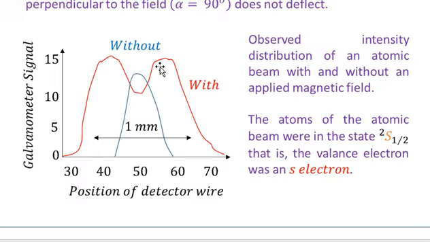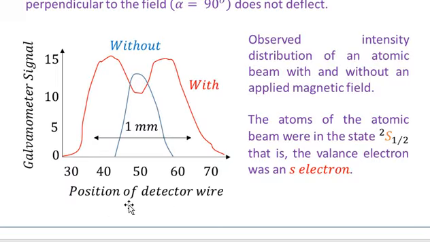You can notice that there are two peaks over here. These two peaks indicate that some of the beam is going over here, and some part of the beam is located over here. And in this particular setup, the separation between these two is 1 millimeter.